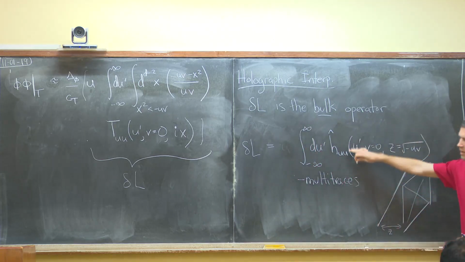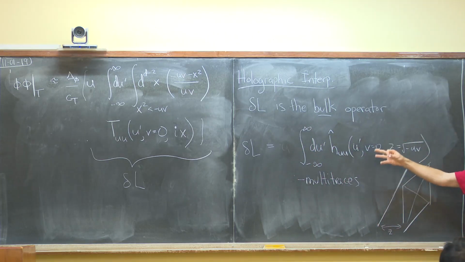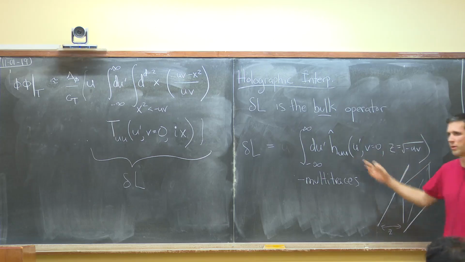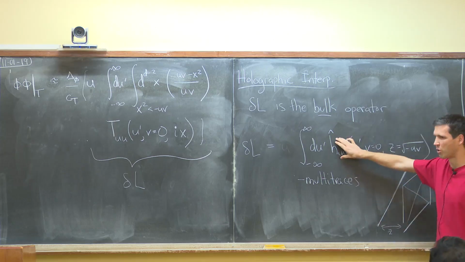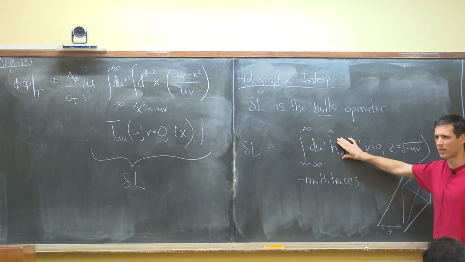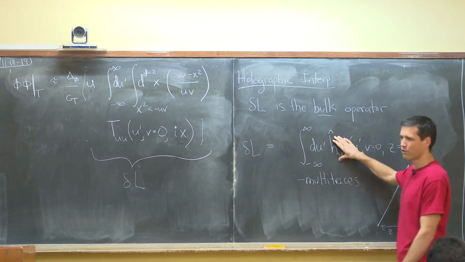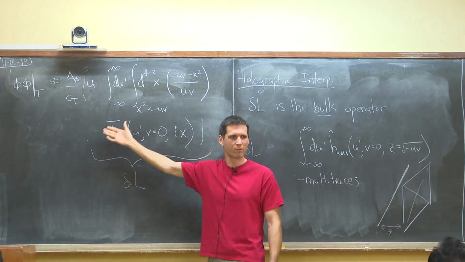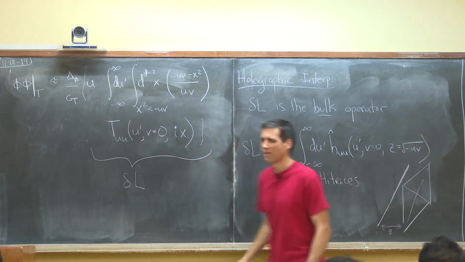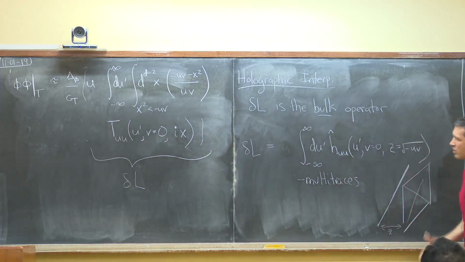There's a way of translating bulk operators to boundary operators, and we know of course the bulk graviton is dual to the boundary stress tensor, so a bulk metric operator could reasonably give something written in terms of the boundary stress tensor, but the dictionary is not that simple.